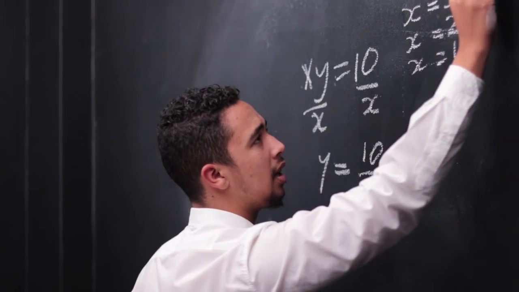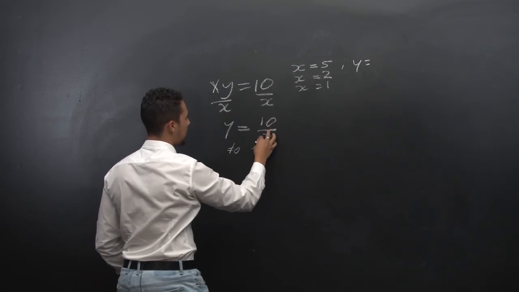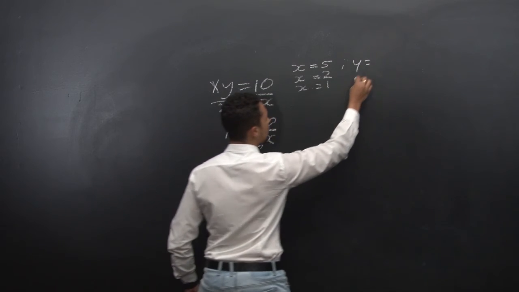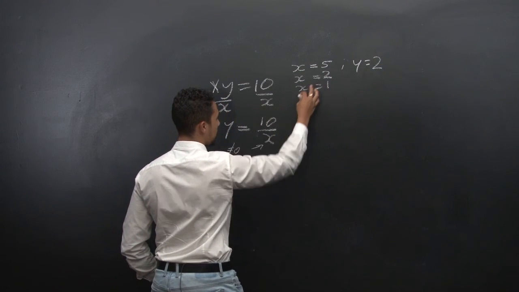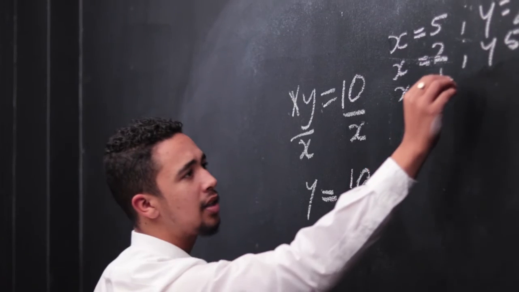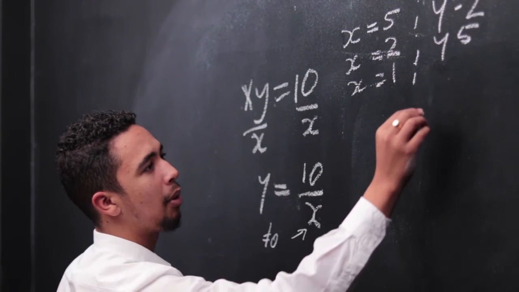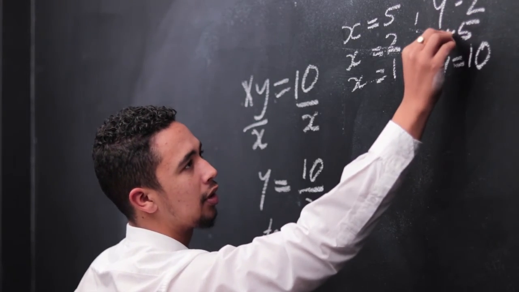In this case, our y value would be 10 divided by 5, that will be 2. 10 divided by 2 will be 5. And in this case, 10 divided by 1, y is equal to 10.